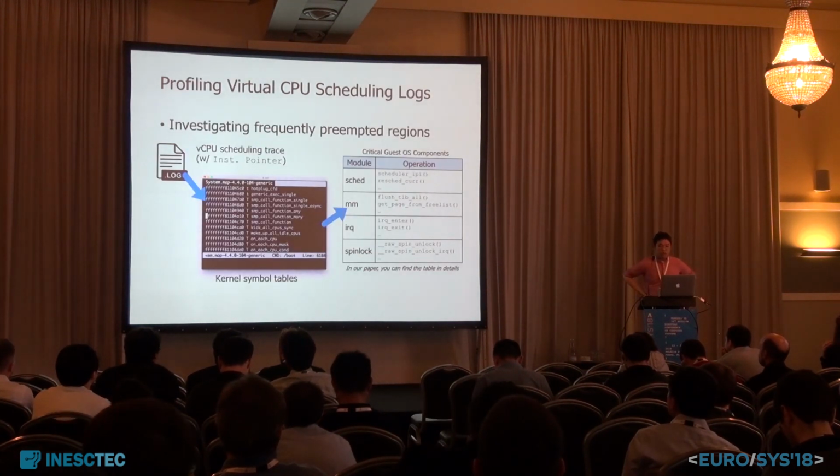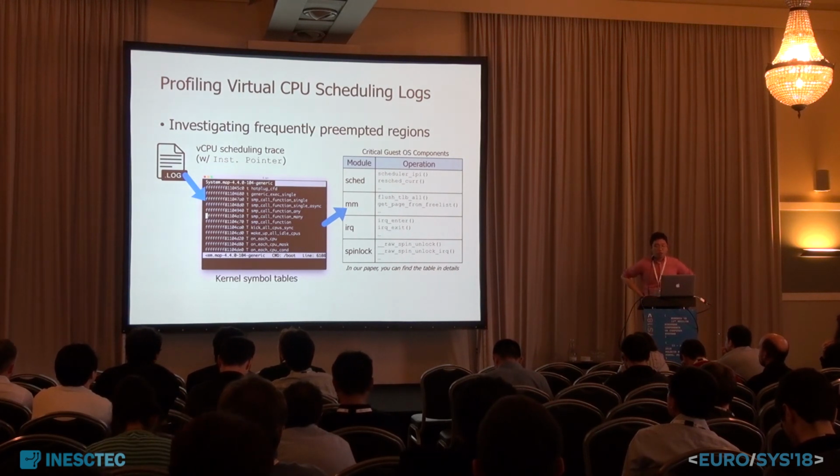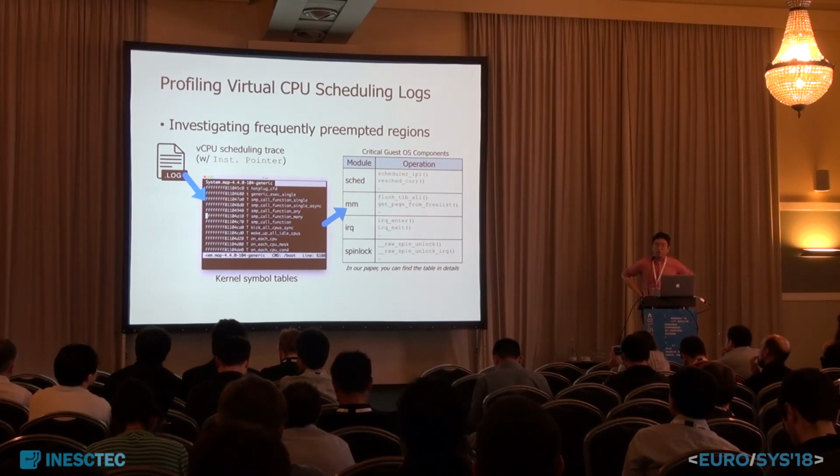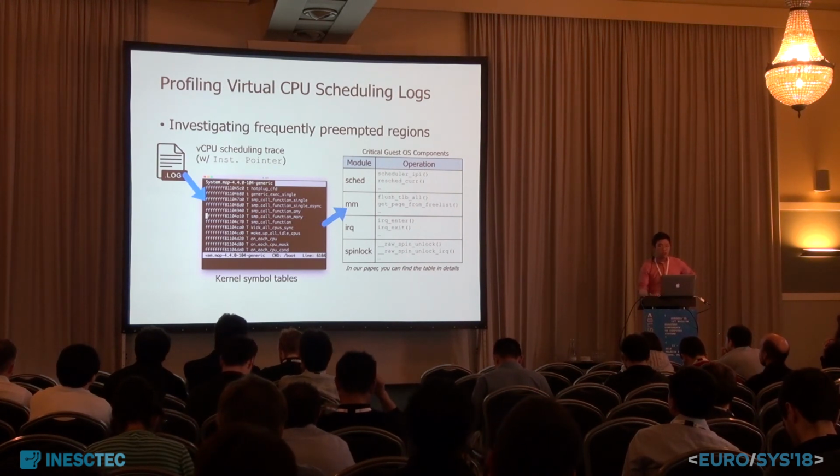Through the methodology I've described, we analyze the virtual CPU scheduling logs, which include the information of context switches for each virtual CPU, so that we figure out where the virtual CPUs are frequently preempted during the kernel executions.